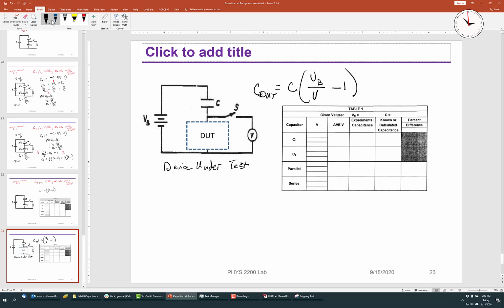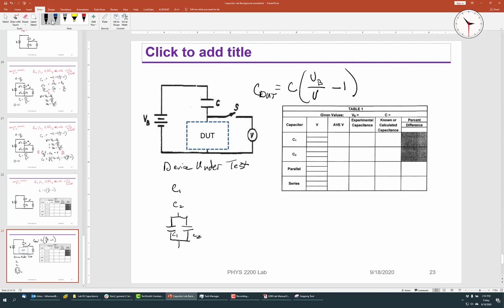So the first device under test is going to be C1. The second device under test is going to be C2. And then it's going, I don't remember it. Oh, it says parallel. All right. So it's going to be C1 and C2 in parallel.